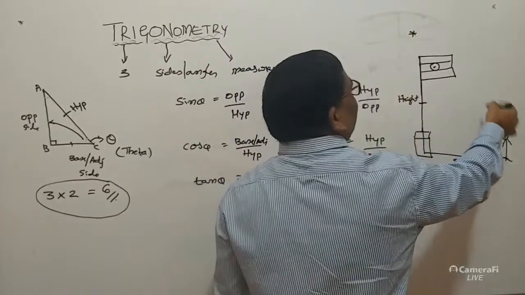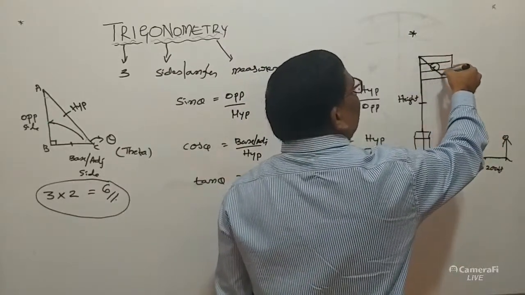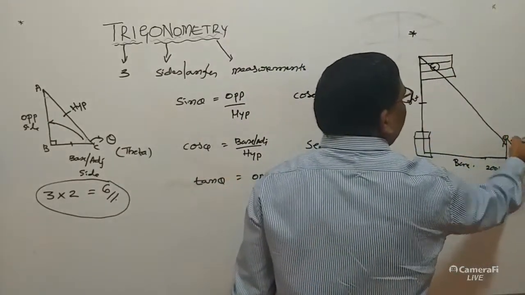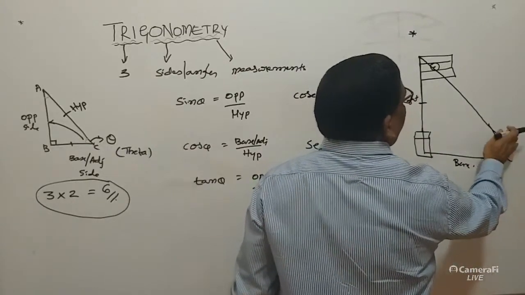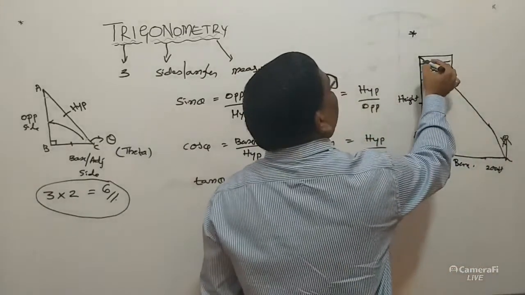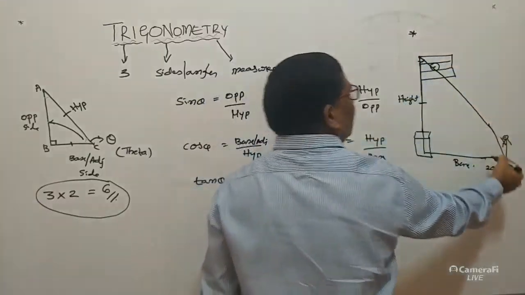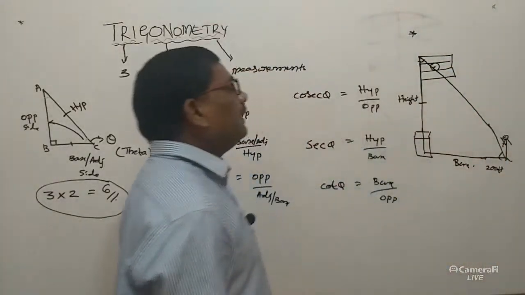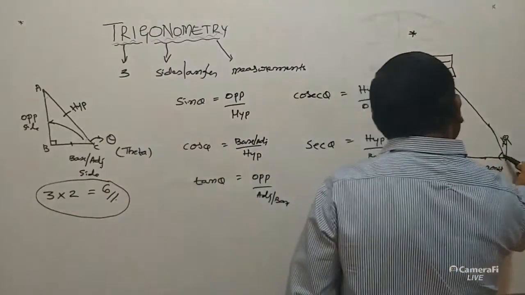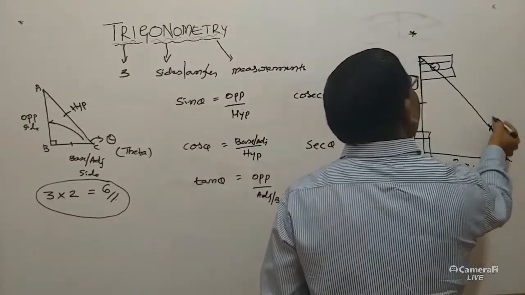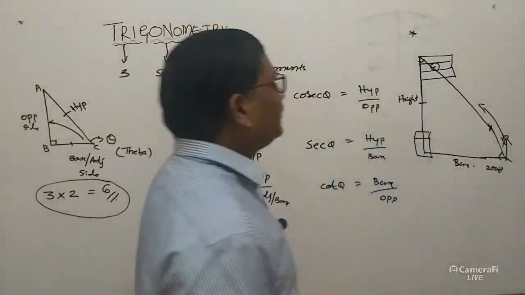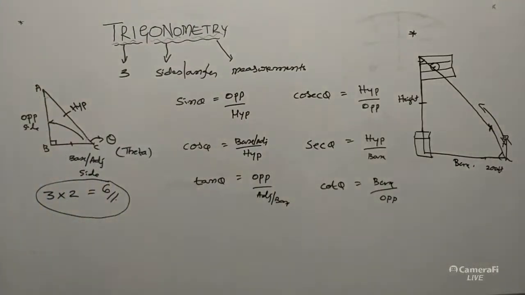Now he wants to calculate at what angle he is looking. This is the angle formed here. When the boy is looking towards this side, it is called the angle of elevation.